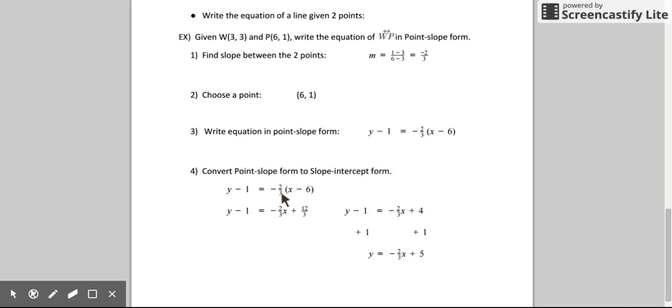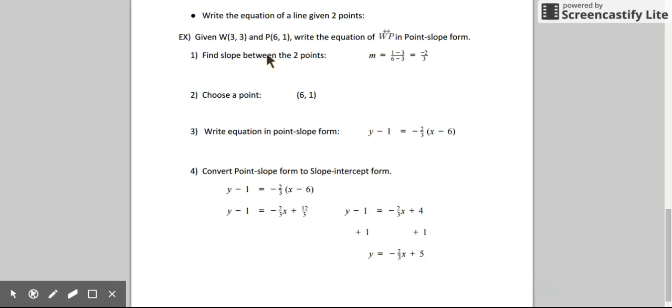Distribute that negative 2/3 to both x and negative 6. So negative 2/3 times x is negative 2/3 x. Negative 2/3 times negative 6 is negative 2 times negative 6, which is positive 12 divided by 3, which turns into 4. So we have y minus 1 equals negative 2/3 x plus 4. To solve for y, we just add 1 to both sides, and we end up with our slope-intercept form, y equals negative 2/3 x plus 5.